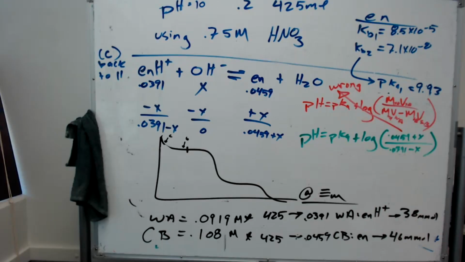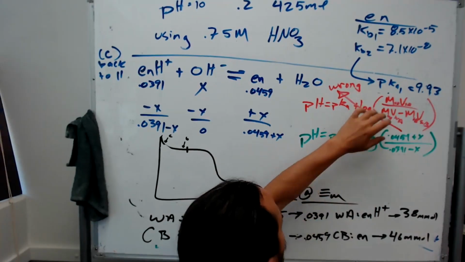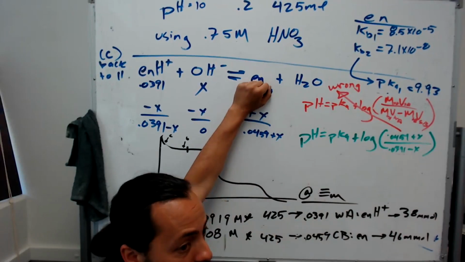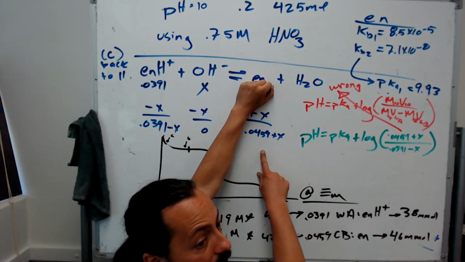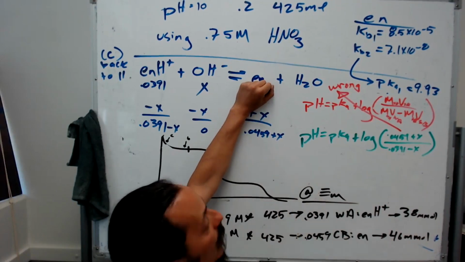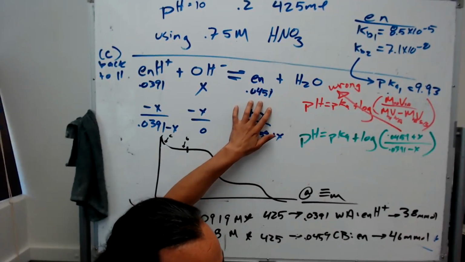So the shortcut assumes that you're starting with an initial base of 0. Like this shortcut assumes that you have no ethylene diamine and you're just creating all the ethylene diamine. But we're not. We already have a buffer where there is ethylene diamine.